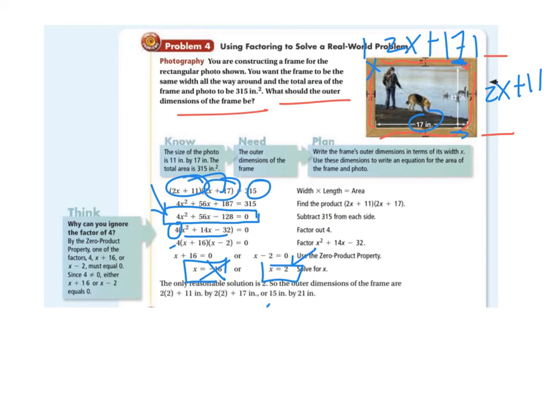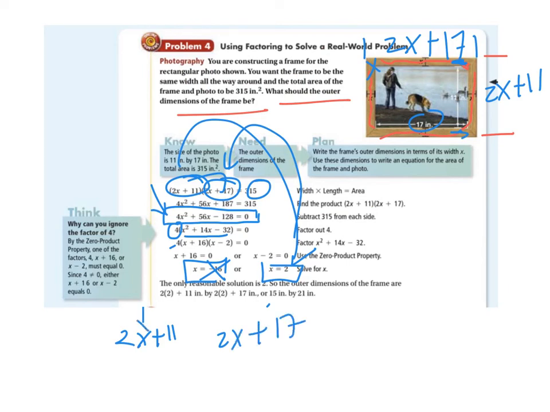So we'll take that 2, plug it back into the 2 original factors we had here. So 2x plus 11 and 2x plus 17, plug a 2 in for each of those x's, and we're going to have 15 and 21.